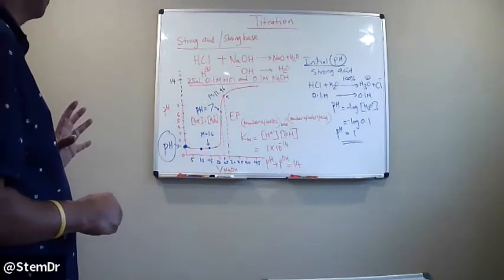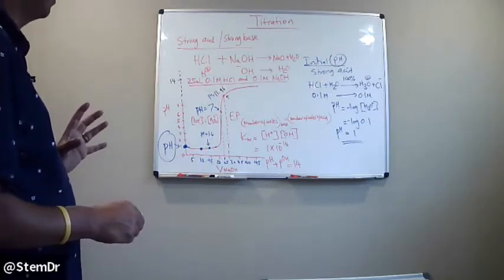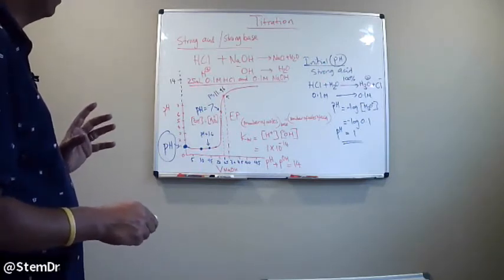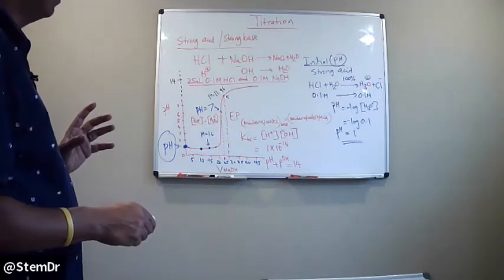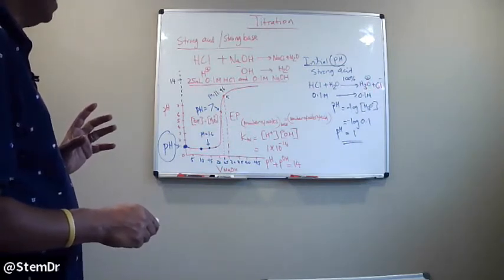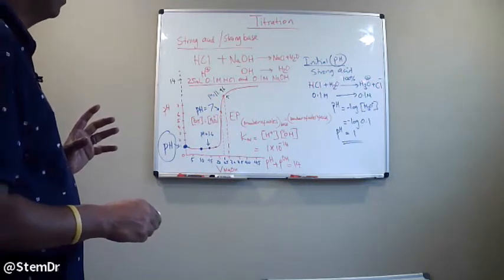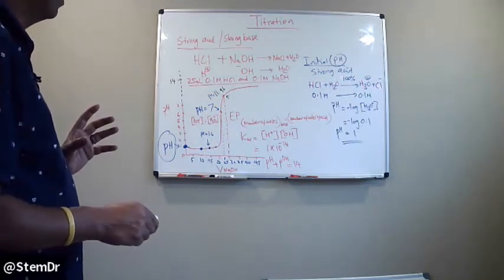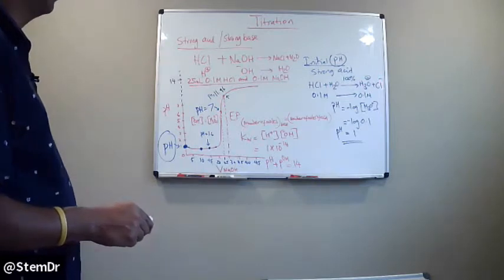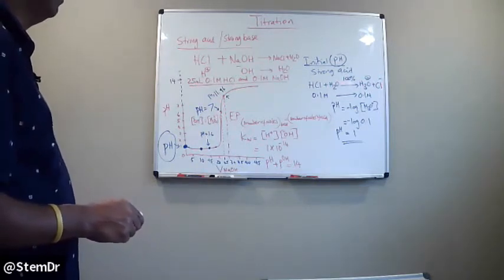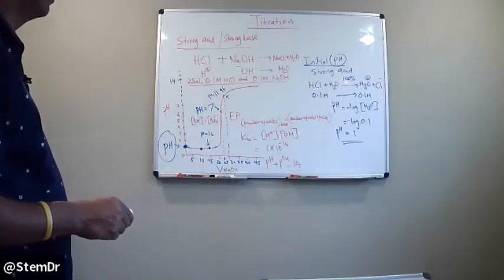Since it's a strong acid, it dissociates completely to a hydronium ion and a chloride conjugate base. So this is your acid, your base, conjugate acid, conjugate base. This terminology still applies, but the dissociation is 100%.